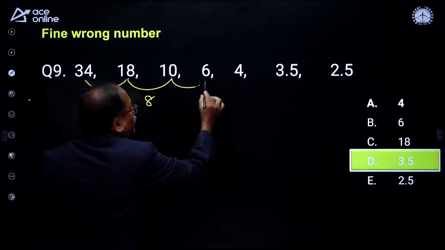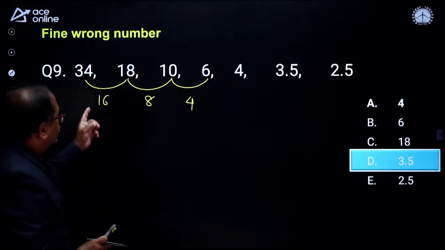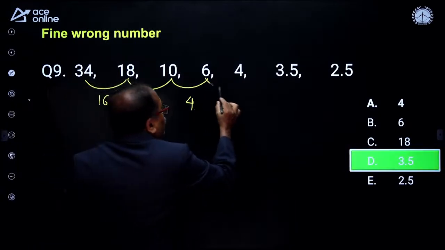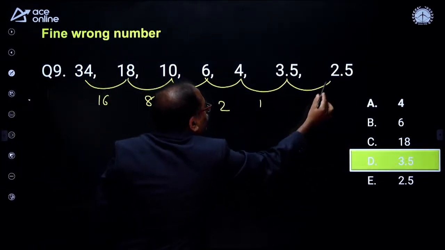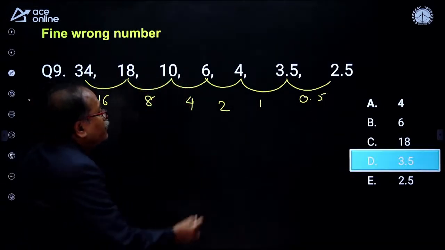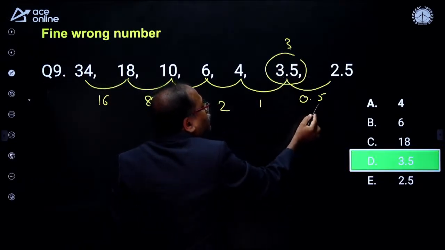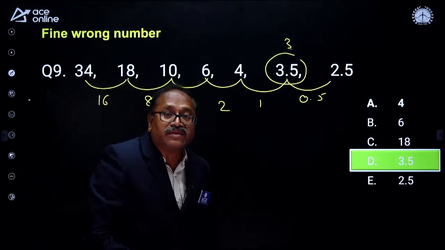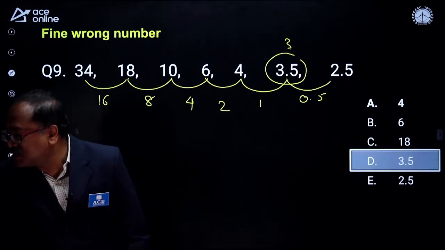And from here to here, I noticed that this is 4. Did you notice that? 16, half is 8, half is 4. And here also it is 2, then it should be 1 and it should be 0.5. So from 4 if I take out 1, this should be 3. From 3 if I take out 0.5, then 2.5 is right. So therefore, my answer is 3.5.